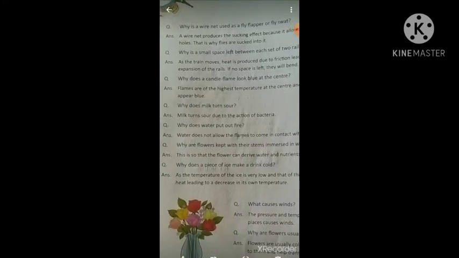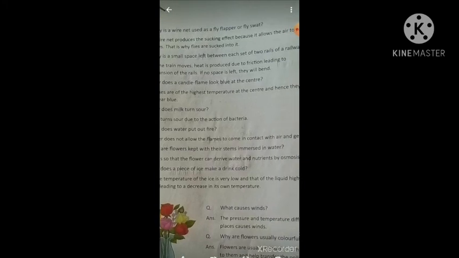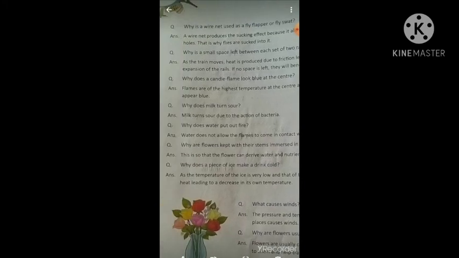Next one, why does a piece of ice make a drink cold? We like to drink cold drinks, right? And sometimes in fresh juices we can put some ice cubes. Sometimes we keep that juice in the refrigerator.